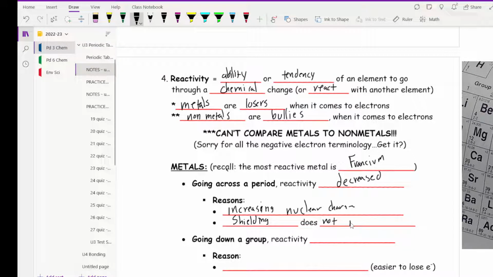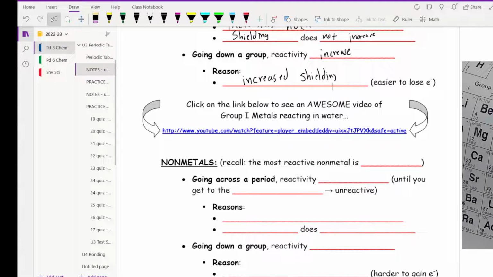So it does not increase. Going down the group, reactivity does increase. The reasons are there's increased shielding, so the electrons are held on less tightly. So it's easier to lose electrons.